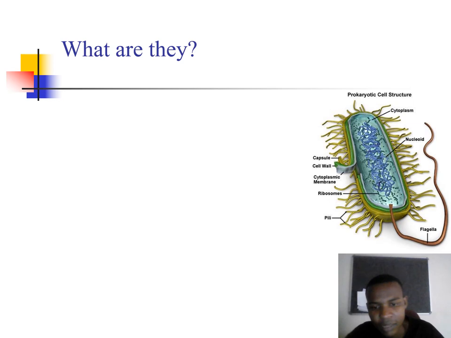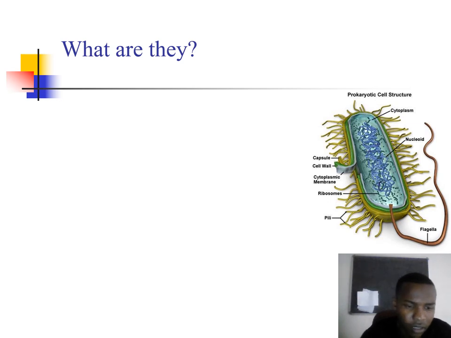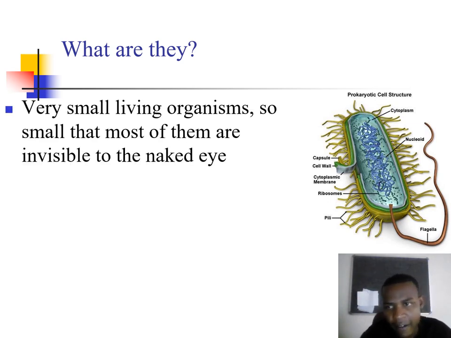You can see these parts: the flagella, nucleoid, cytoplasm. This is a very small organism, too small. Most of the time it is invisible to the naked eye, so such organisms can only be seen via the microscope.